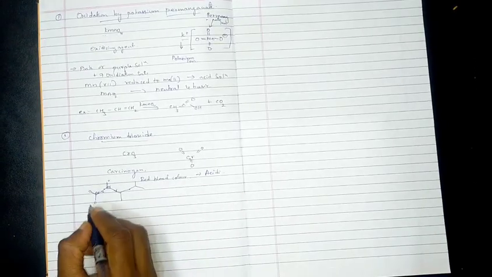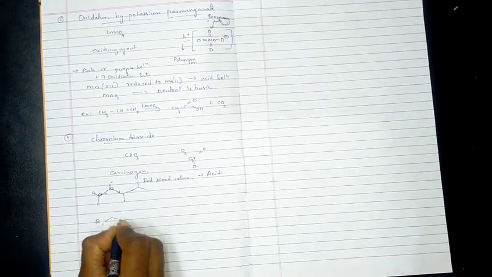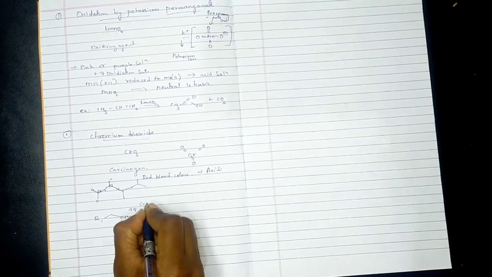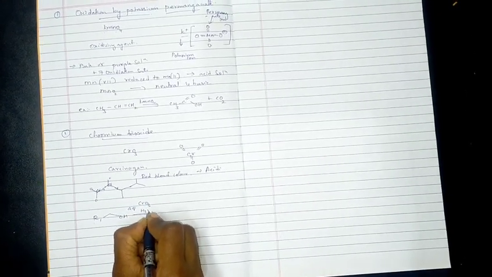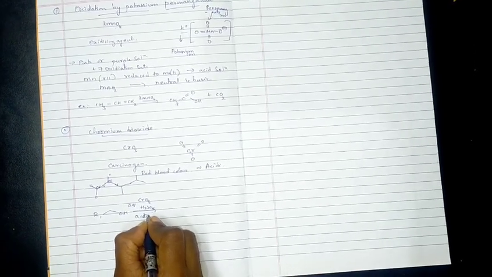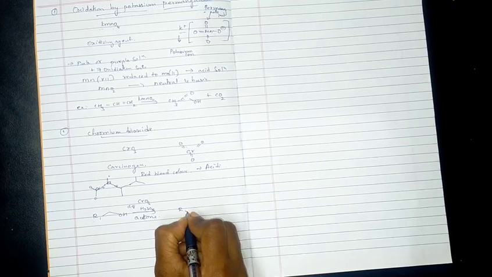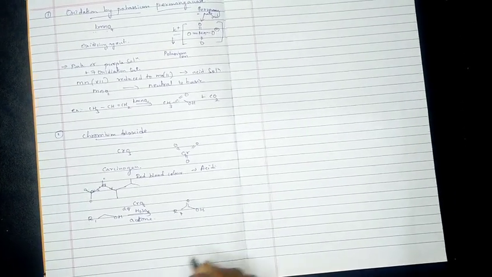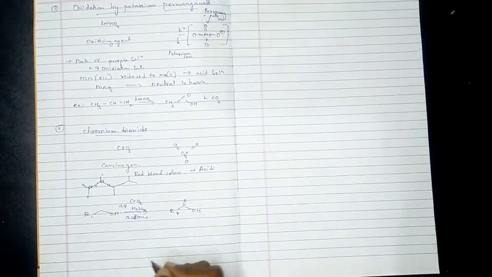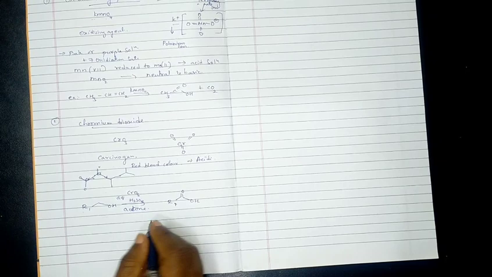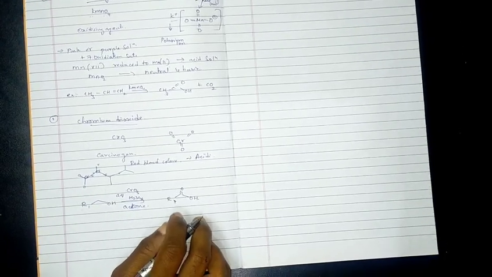Now, for example, R-CH2OH in the presence of aqueous chromium oxide and H2SO4, sulfuric acid, in acetone, gives rise to R-COOH. This is for the primary alcohol, and for secondary alcohols it is going to give rise to a keto group.